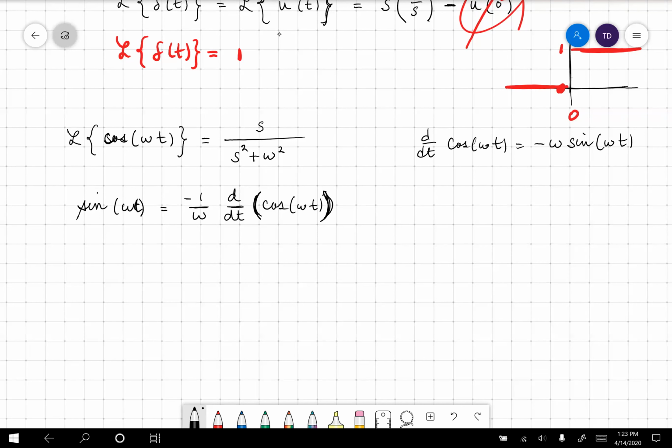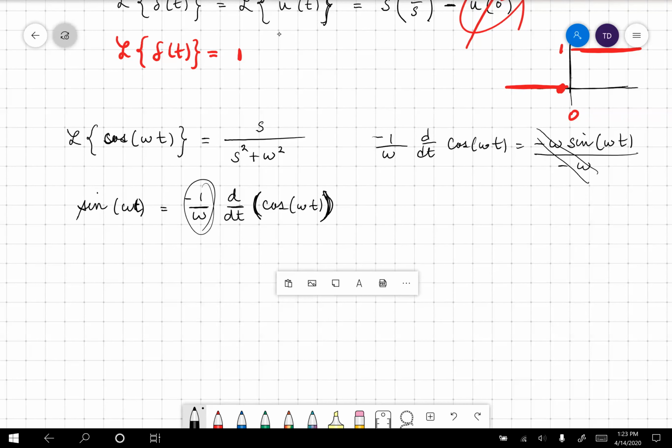Dividing by minus omega gives me 1 over minus omega, which is the same as minus 1 over omega. So there we have it. Sine of omega t is equal to that. Beautiful. We already know how to handle this because that's our first property, multiplying by a constant.